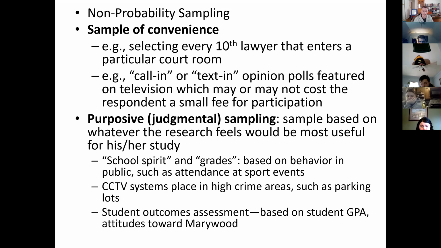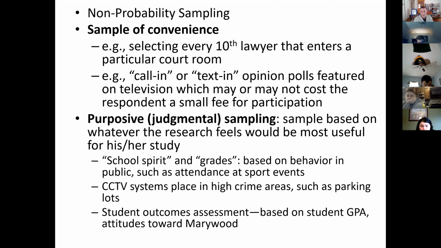So you want to test their ability to see people doing things in low light behind a car, and actually put it in a place where you're likely to get some non-zero hits. Because if you truly randomly select, you may not get a criminal incident going on in the parking lot for a long time. So you want to put it in a place that is going to give you some hits.